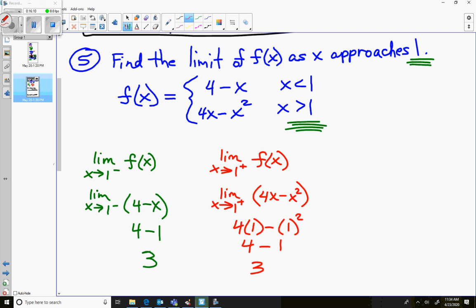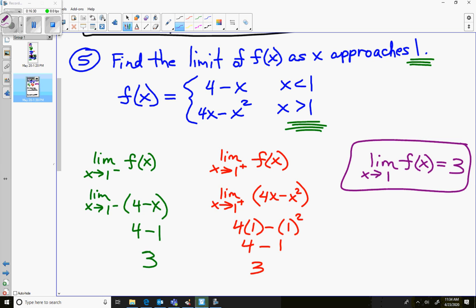And in this case, I also get an answer of 3. So, because the left-hand limit and the right-hand limit are the same, I can say the limit as x goes to 1 of my function is in fact 3, because the left and right-hand limits agreed.